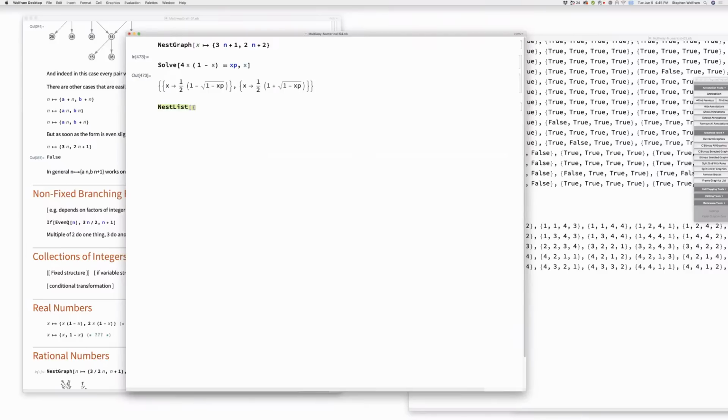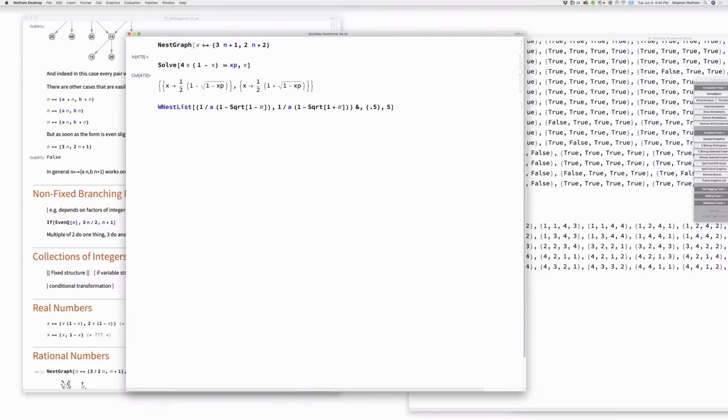I think I want to say 1 over a, 1 minus square root of 1 minus hash. I guess I can use listability to just apply this to my set of numbers. So this will start off as the number 1/2, let's say. And let's go 5 steps.